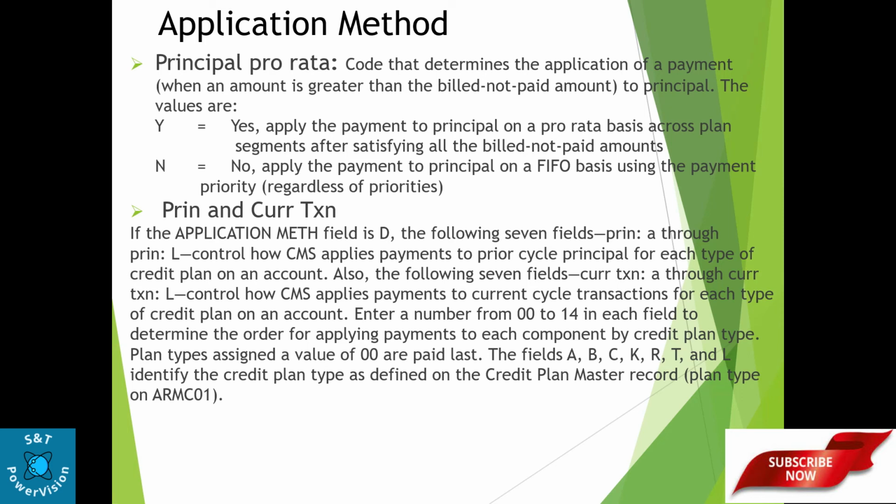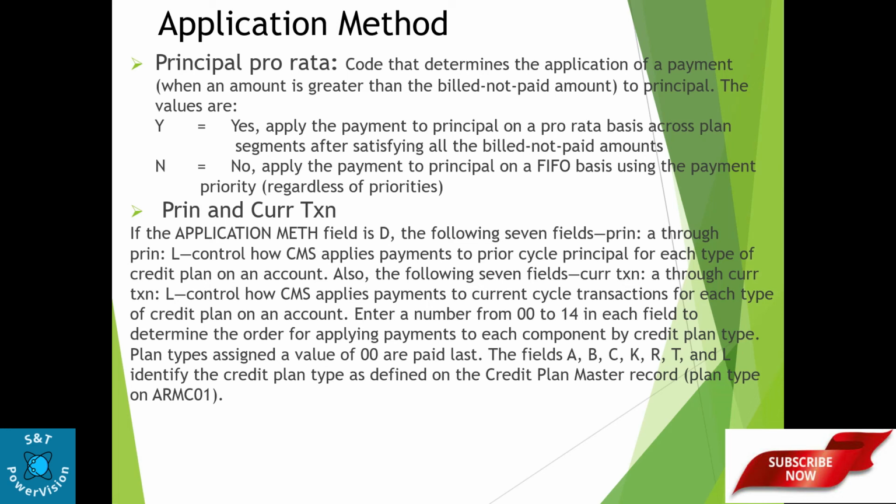If the application method field is D, the following seven fields, principal A through principal L, control how CMS applies payment to prior cycle principal for each type of credit plan on an account. Also, the following seven fields, current transaction A through current transaction L, control how CMS applies payment to current cycle transactions for each type of credit plan on an account.